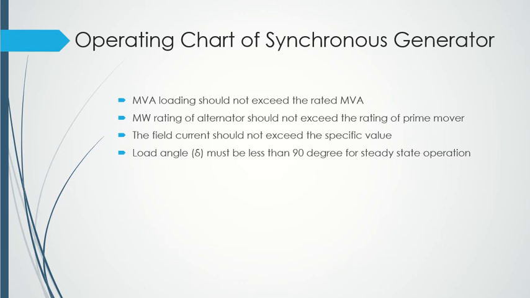How do we decide that? Let's see. If you have seen the previous video, you would know that when we increase the load, the terminal voltage of my alternator will decrease.